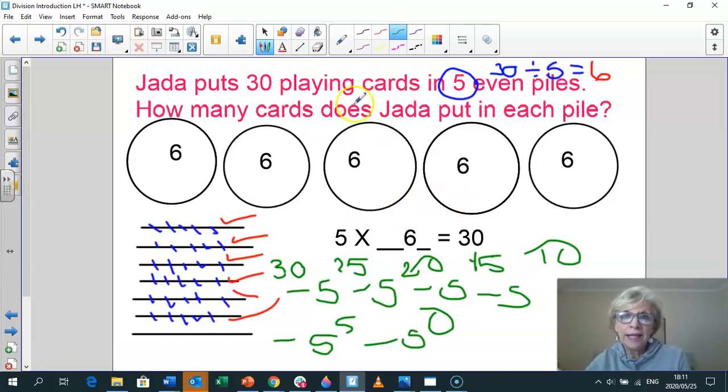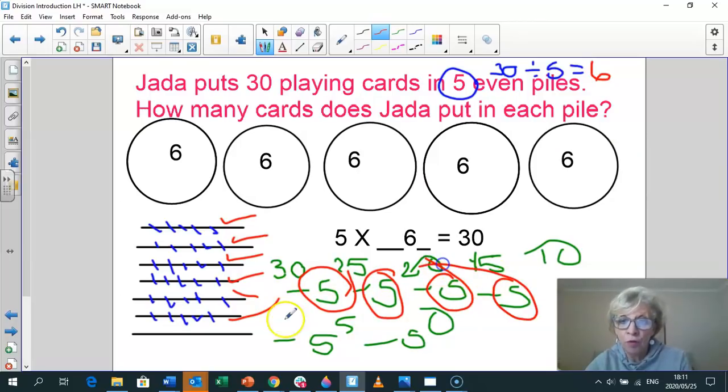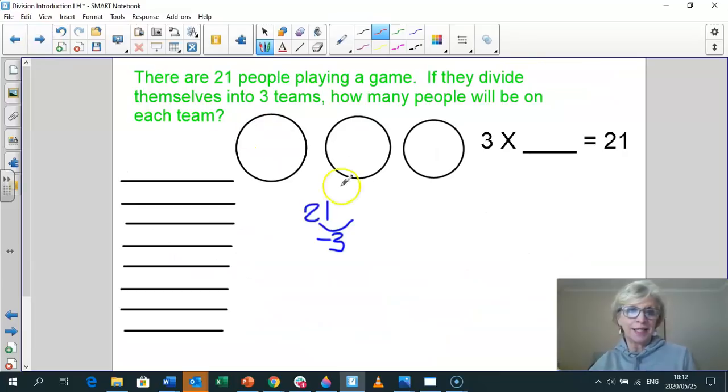So quickly as we can, how many times did we subtract 5 with repeated subtraction? 1, 2, 3, 4, 5, and 6. So 30 divided by 5 equals 6.